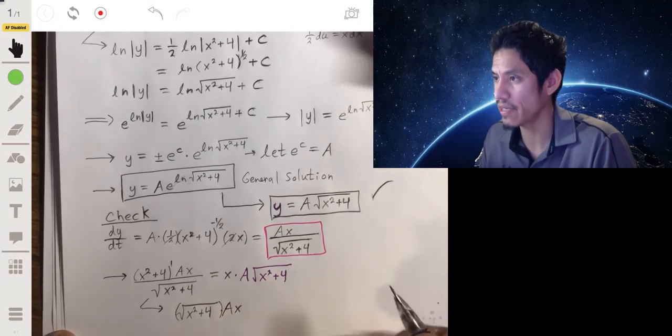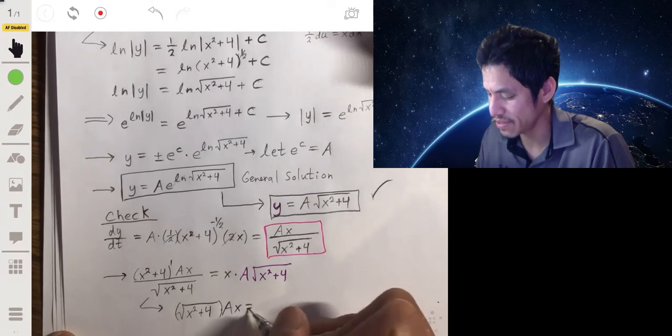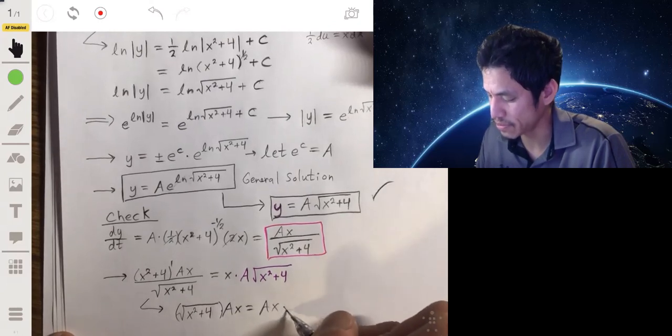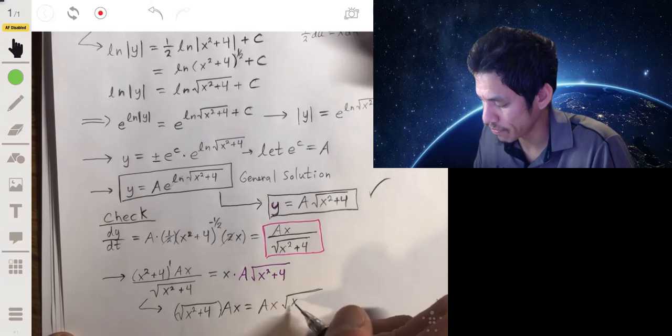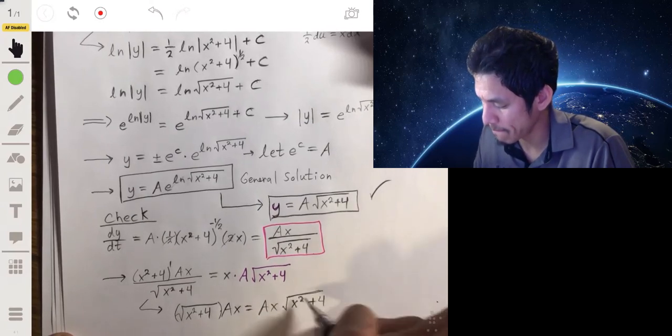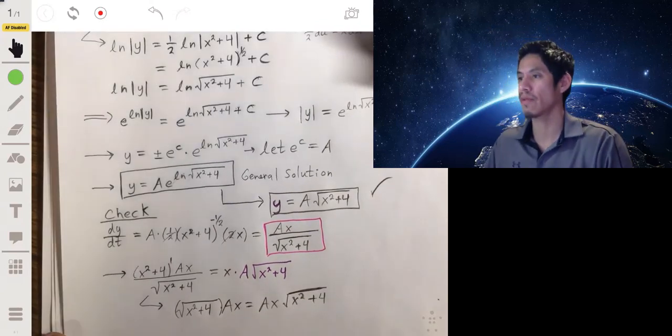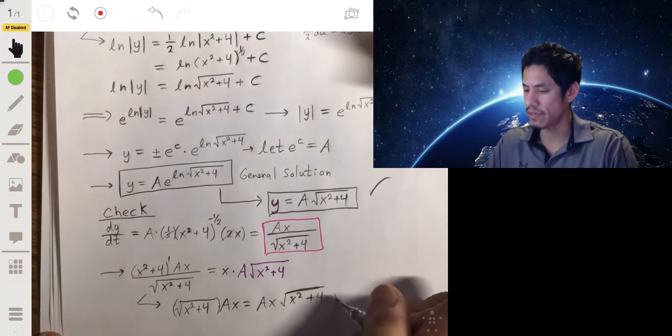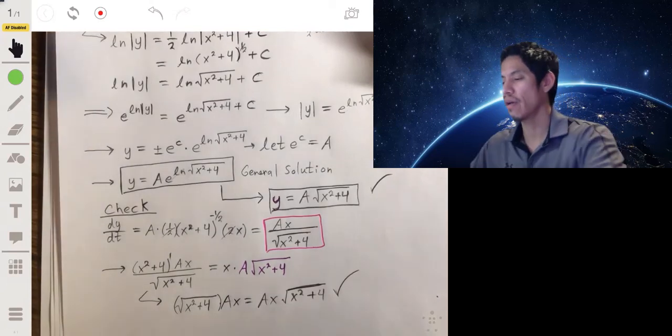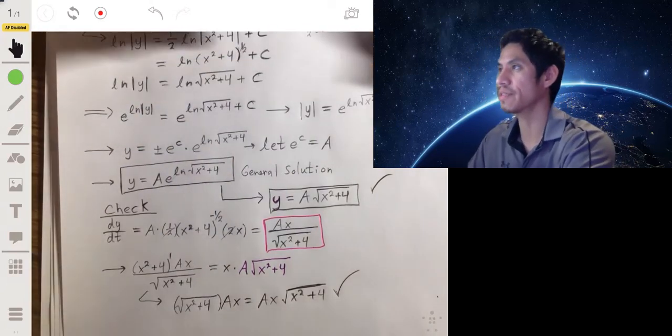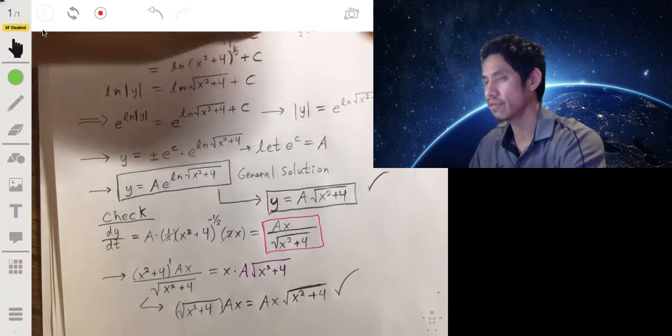It's a weird way of writing it. I don't know why I wrote it that way. It's equal to ax times the square root of x squared plus 4. So it all works out, so we're good. So always check whenever you can, because it's always good to make sure that you get the correct answer. And so we're good.